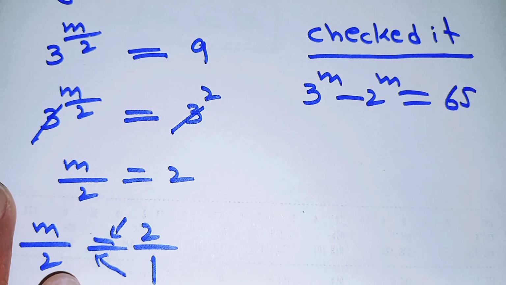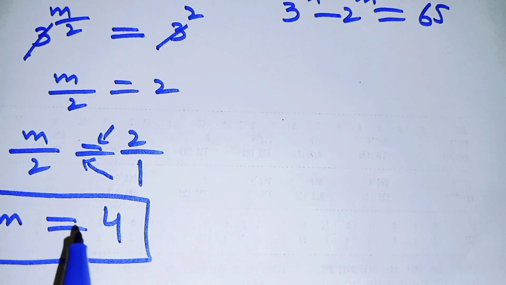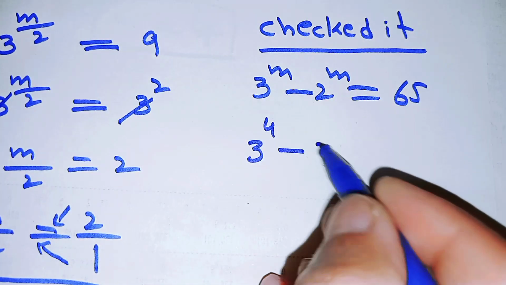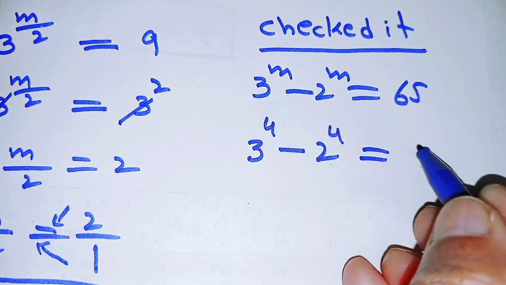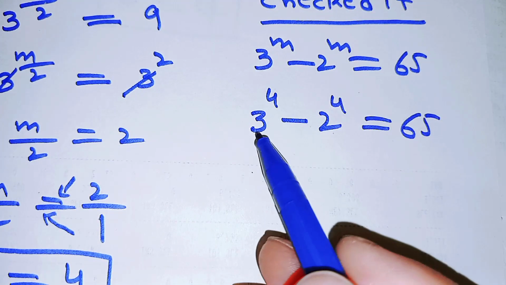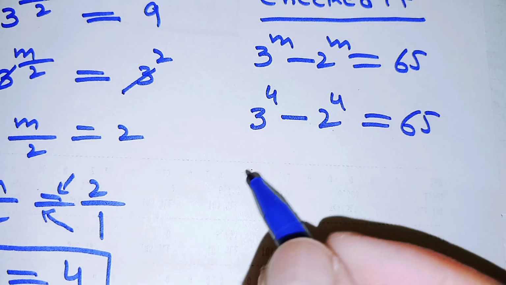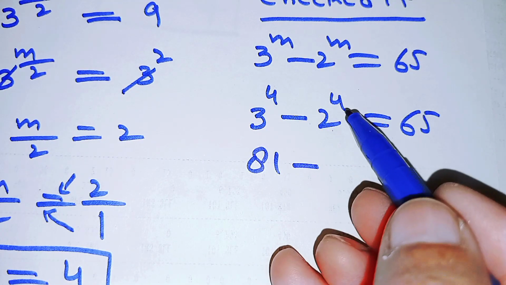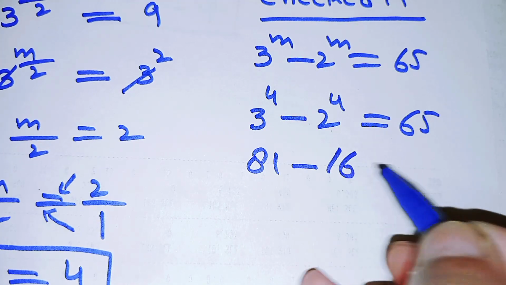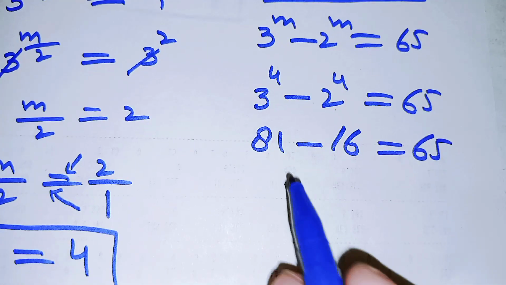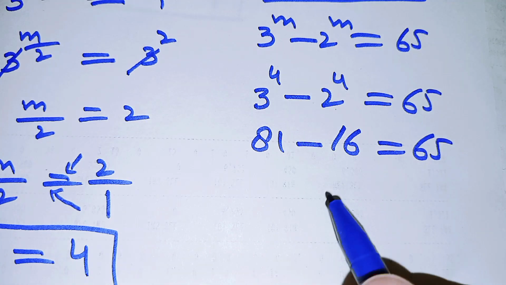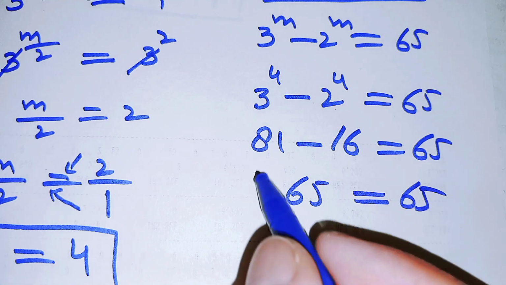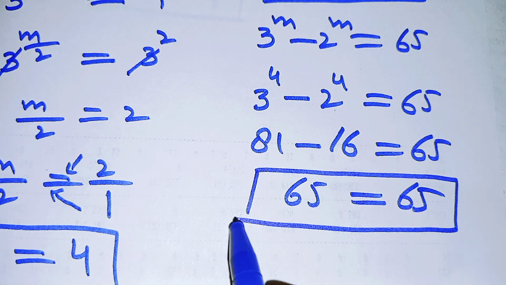We put the value of m, which is 4. So 3 to the power of 4 minus 2 to the power of 4 is equal to 65. Here 3 multiplied 4 times is equal to 81, and minus 2 to the power of 4, 2 multiplied 4 times, is equal to 16. Now 81 minus 16 is equal to 65, and so our verification is correct.